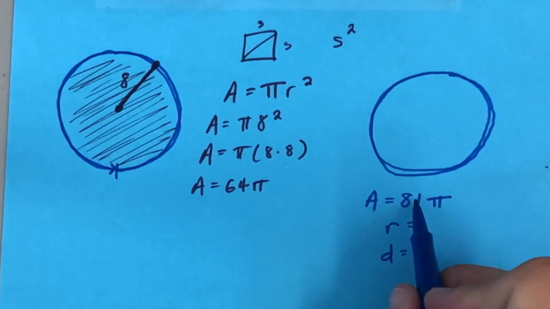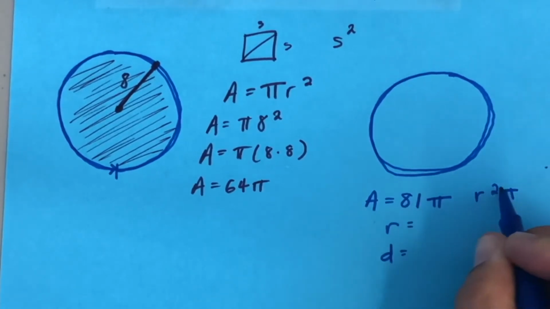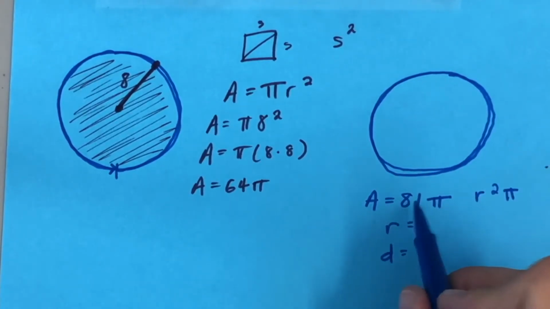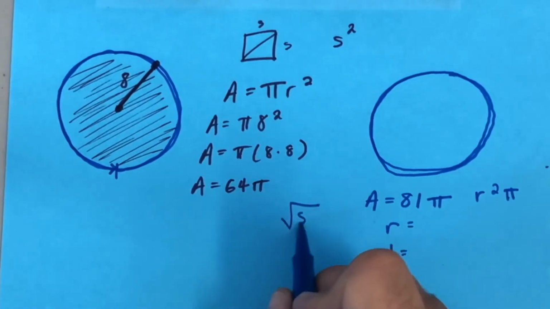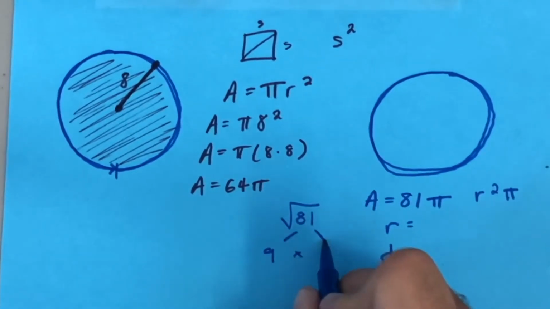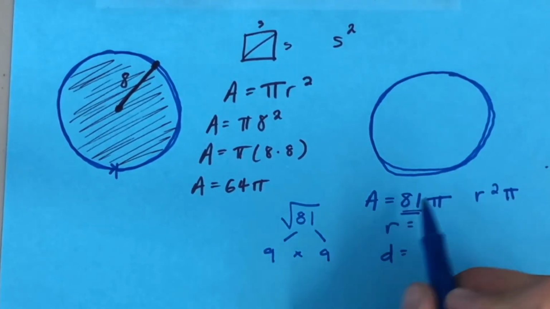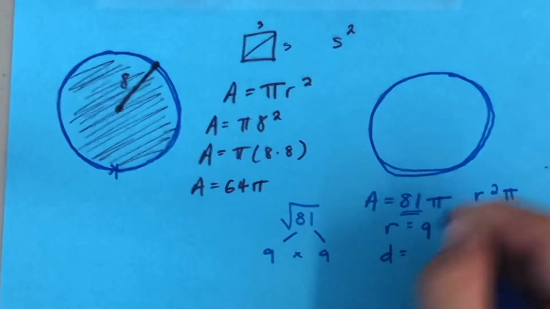Well, I know that area is r squared pi. So what number squared gives me 81? I could simply take the square root of 81, which is 9, since 9 times 9 is 81. So 9 would be my radius.